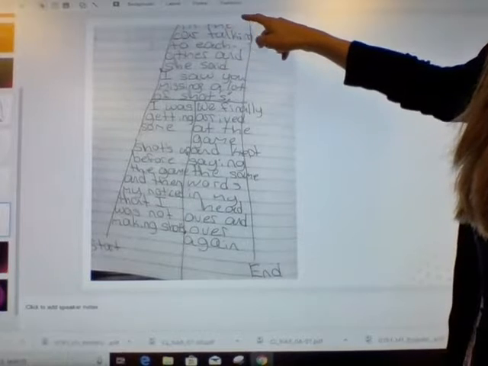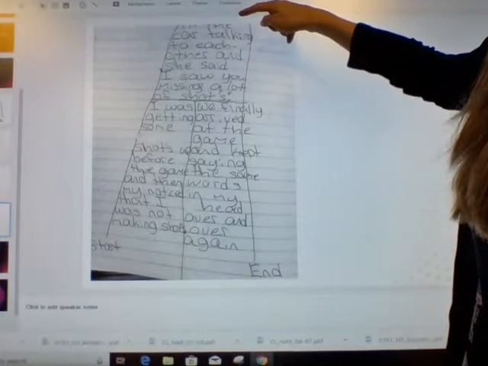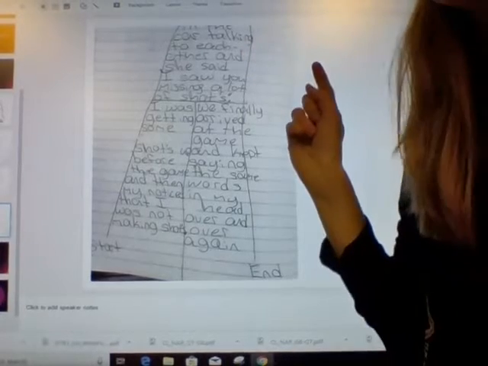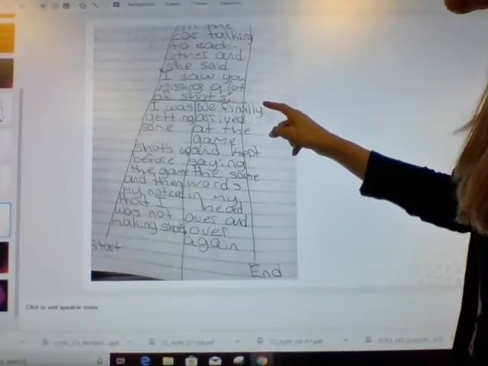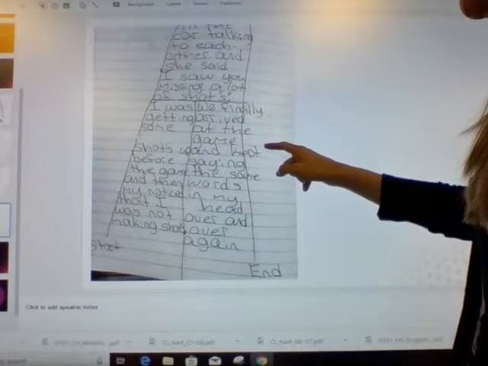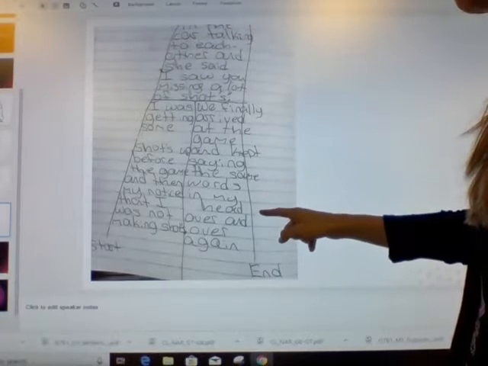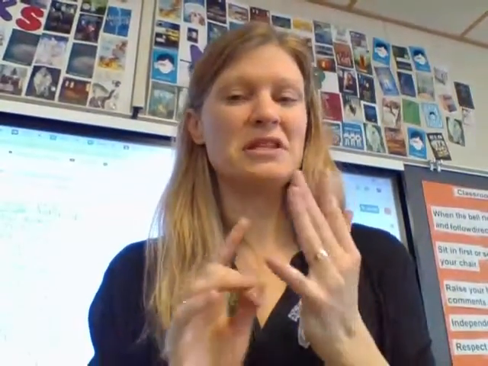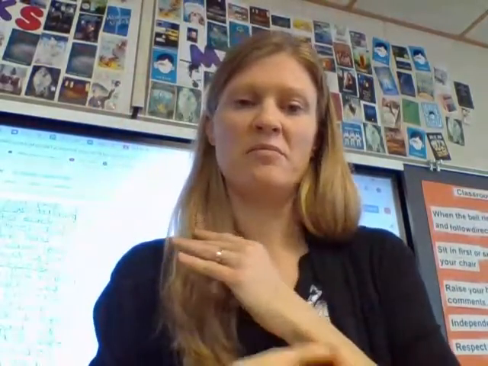In the second plot line, they were talking to each other, and she said, I saw you missing a lot of shots. And then the last is, we finally arrived at the game and kept saying the same words in my head over and over again. There isn't a clear problem or a clear solution in this plot line.